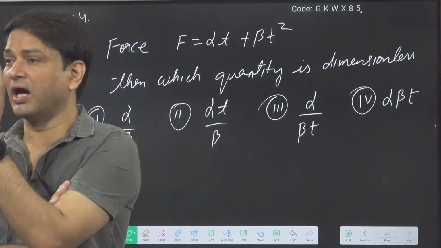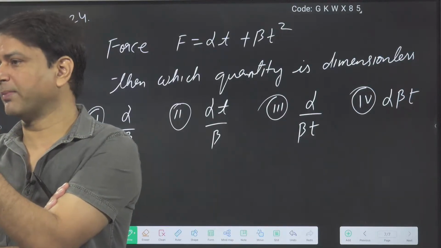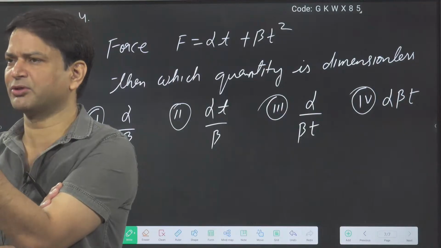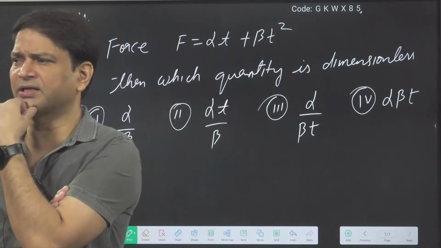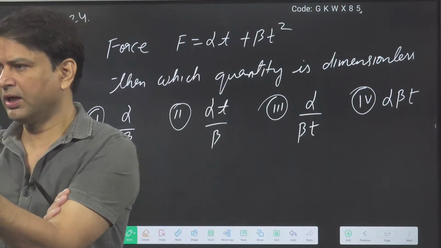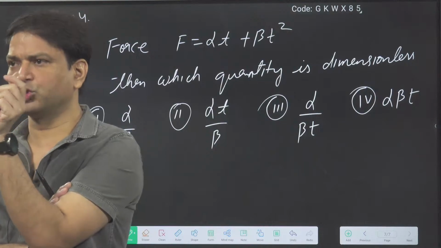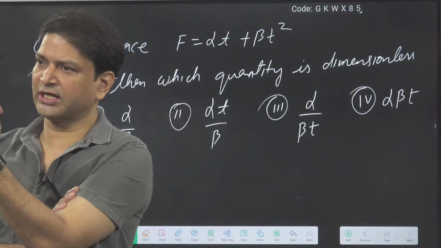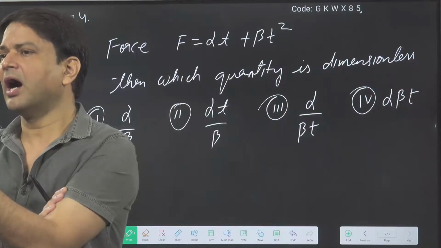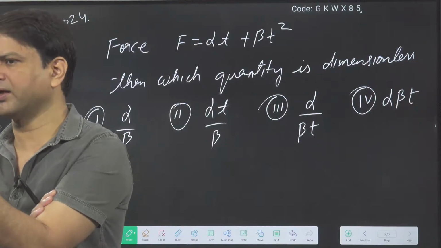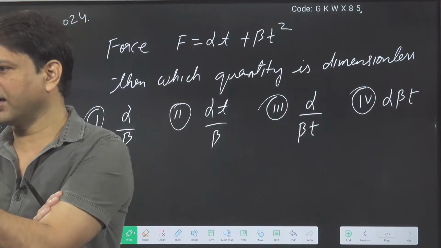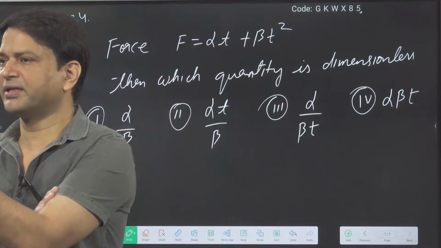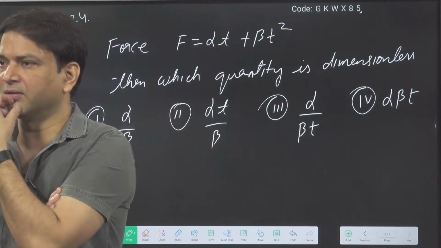Dimension of alpha T must be equal to dimension of beta T square, equal to dimension of F, we will use the homogeneity. Then from alpha T and F you will get the dimension of alpha. Beta T square, you will equate with the dimension of F, you will get beta. After that, we will check the options by dividing alpha by beta, alpha T by beta. Everybody getting or not? Maybe this thought will come to mind.